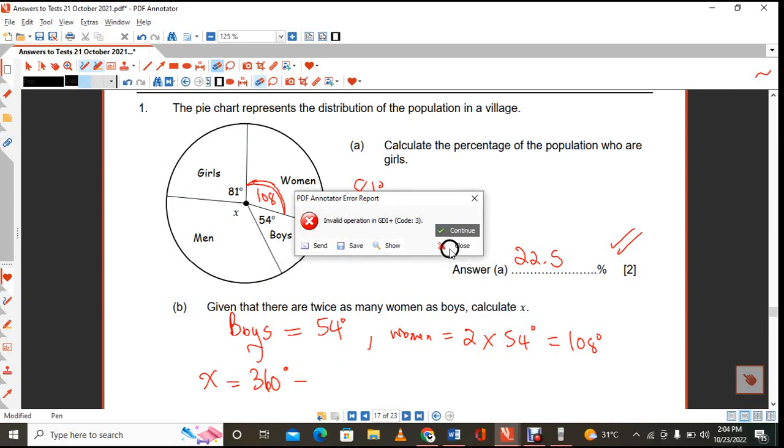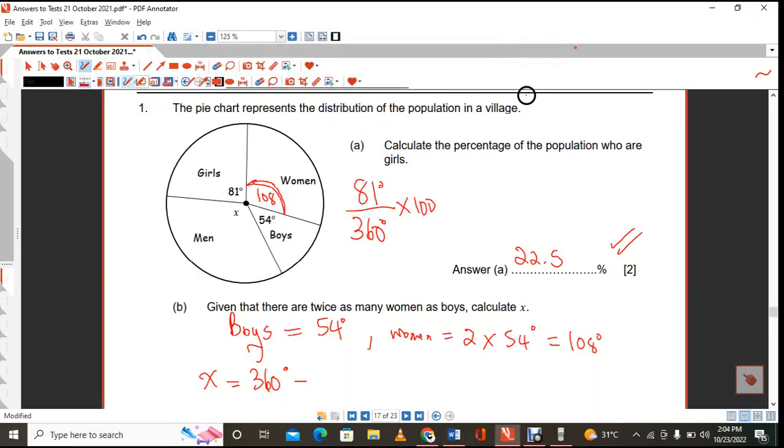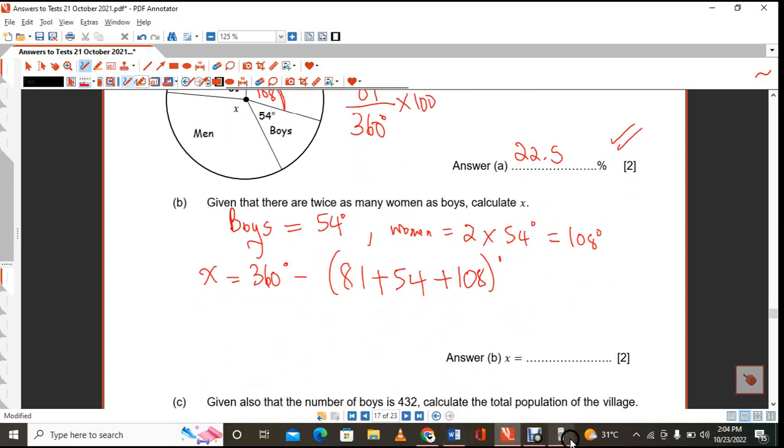So that's going to see, it's 81 plus 54 plus that 108 that I've calculated. Okay, and now you can actually use your calculator.